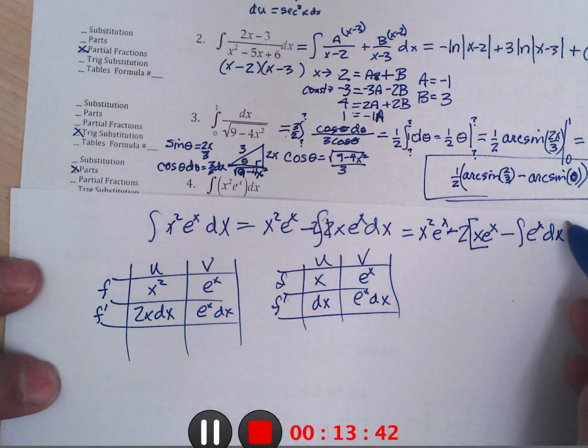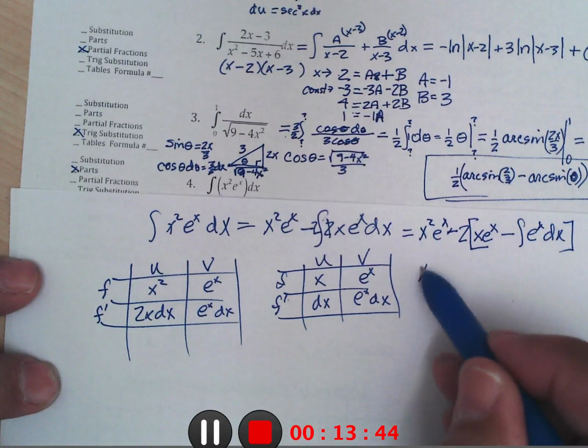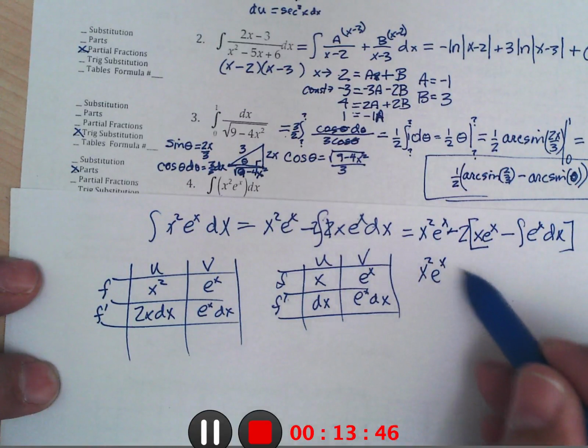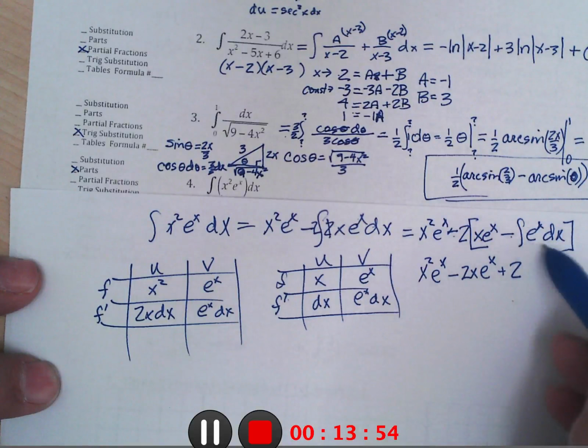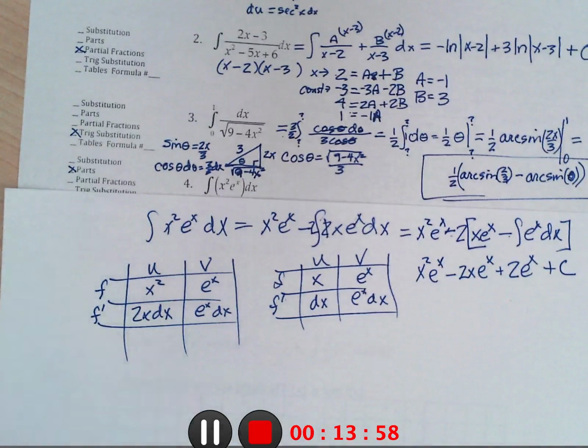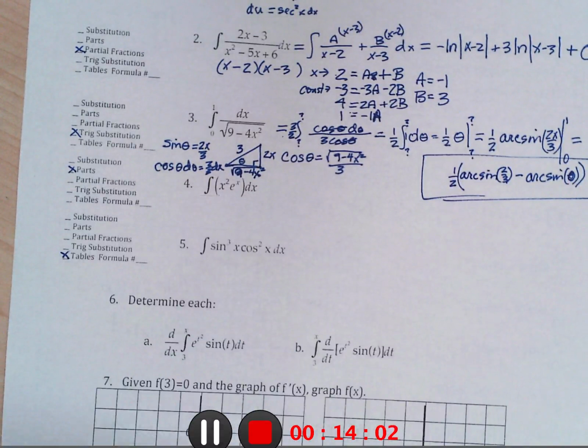So that becomes x squared e to the x minus 2x e to the x plus 2, integral of this is e to the x plus c. I probably could have got that in there, but anyway. All right. Leaves only this one.